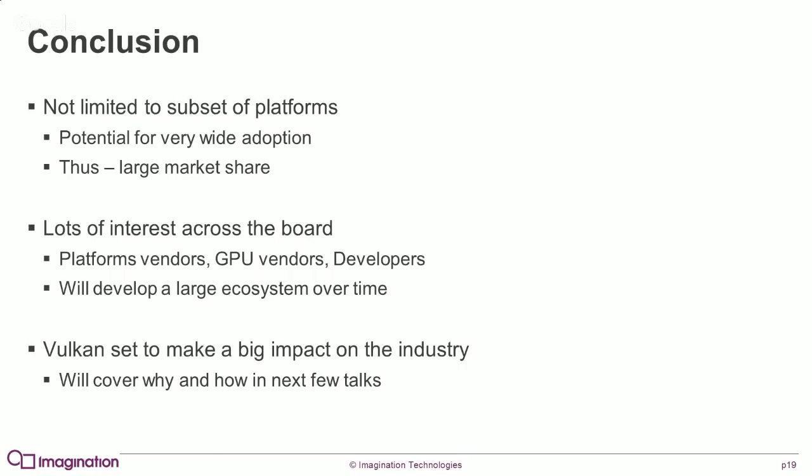We'll release a spec, and then we'll just be working on the ecosystem, as well as the next version of Vulkan, I suspect, and various extensions to pop up. Vulkan is set to make quite a big impact on the industry, and I'm going to cover how and why in the next few talks, so please feel free to come look at those as well.